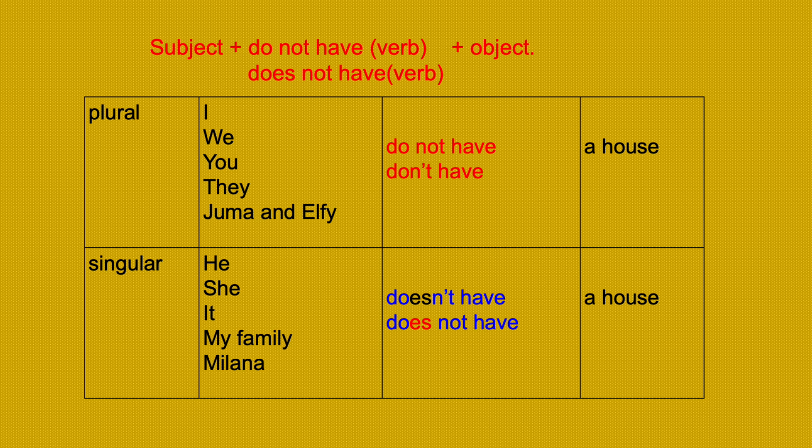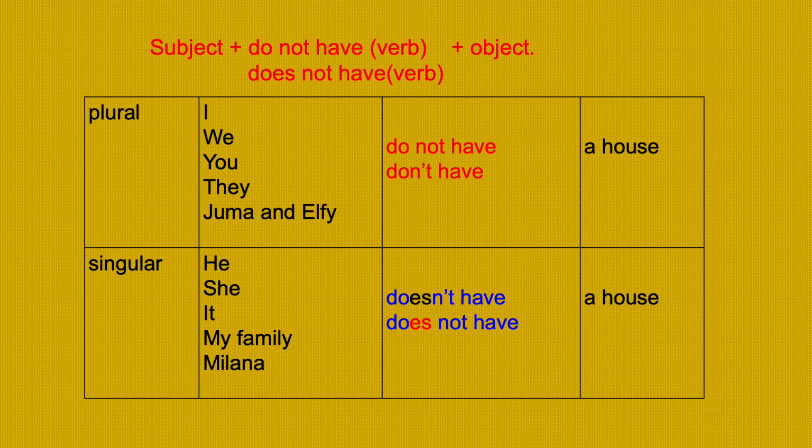My family doesn't have a house. Milana does not have a house. So this is the form of have, simple present negative sentence structure.